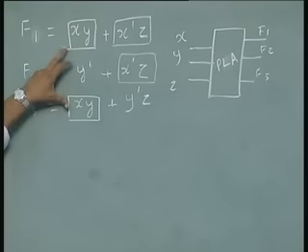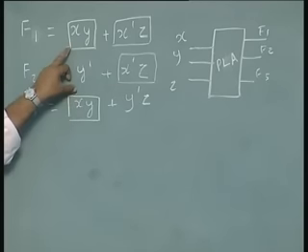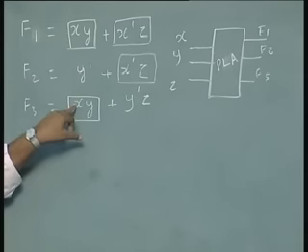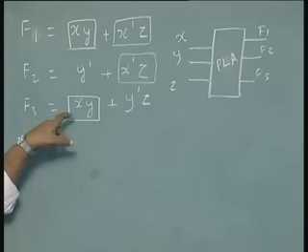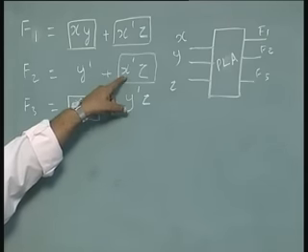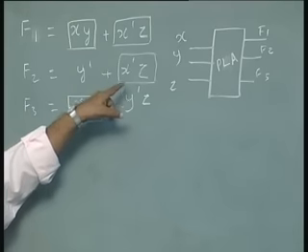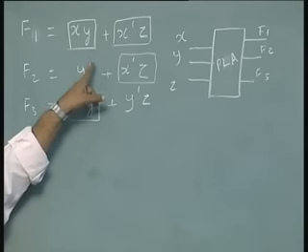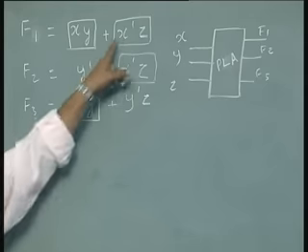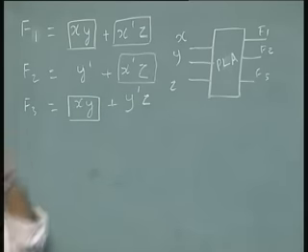Now, since xy is common to F1 and F3, I am saving on one product term. X bar z is common to F1 and F2, I am saving on one product term. So, I will now use only 4 product terms. From 6 product terms, I am going to use 4, saving 2 product terms.